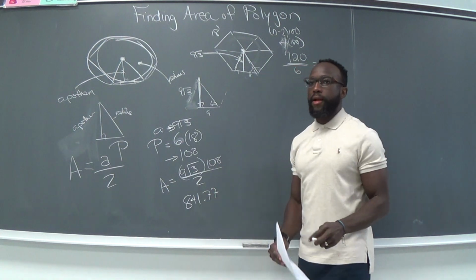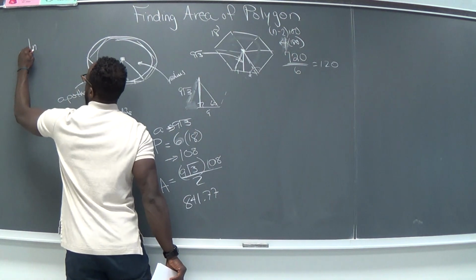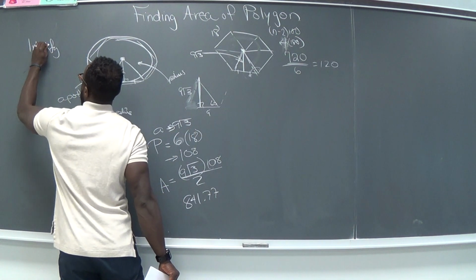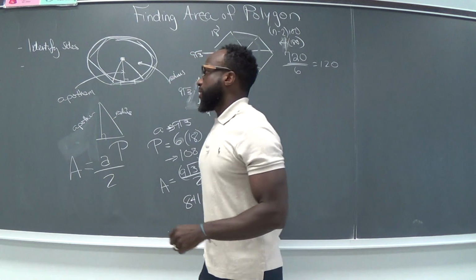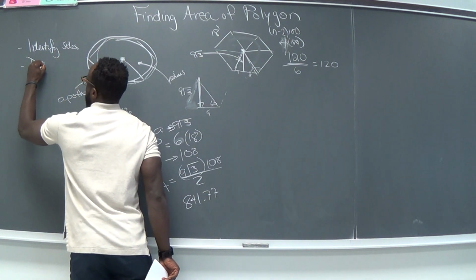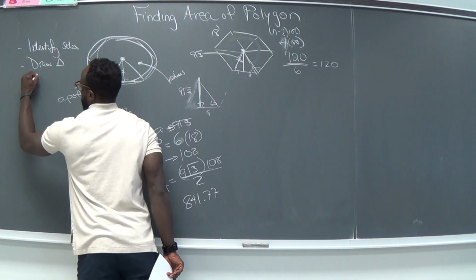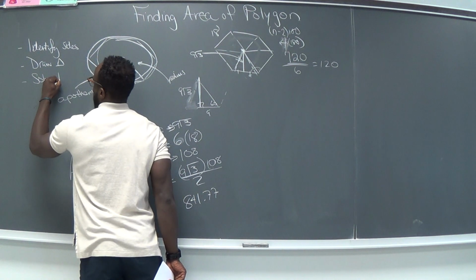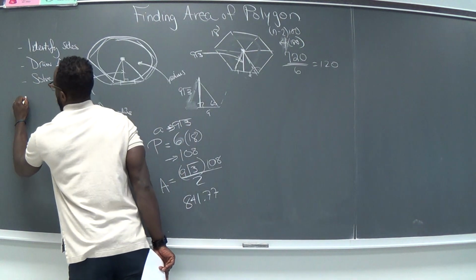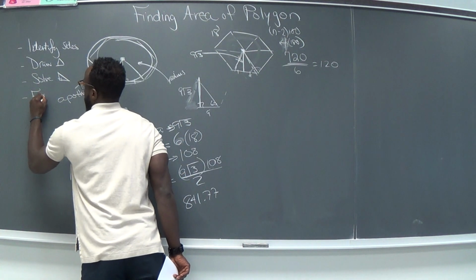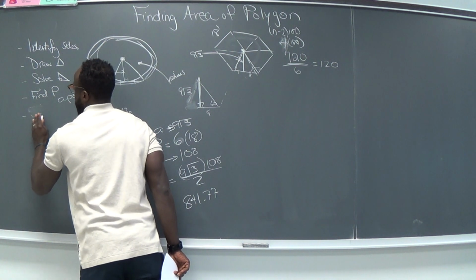841.77. Alright. So again, the first thing you want to do is identify sides, almost like your proofs, like what's given. Identify the sides. Draw your triangle. Then you want to solve for your right triangle, and then find the perimeter if you don't have it, plug it into the area formula, and find the area.